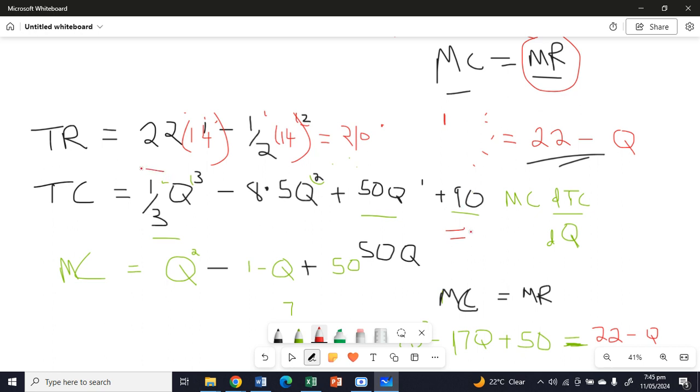So when we do this first part, we substitute Q: 14 cubed is 2744, divided by 3, you get 914. Minus 8.5 times 14 squared.